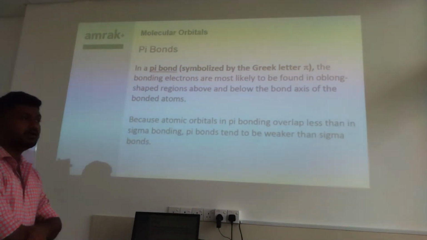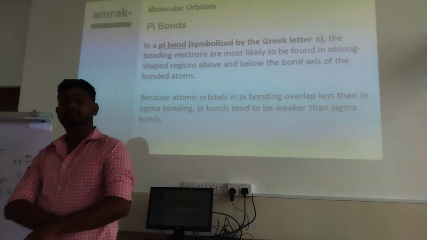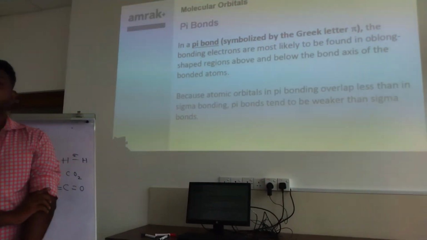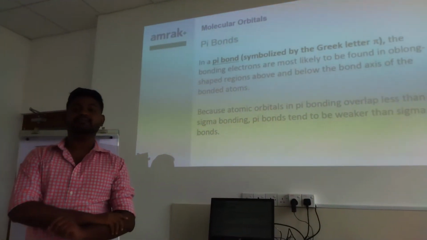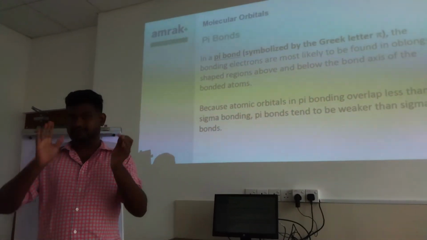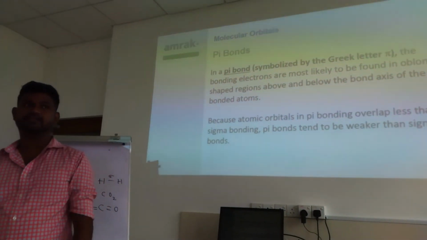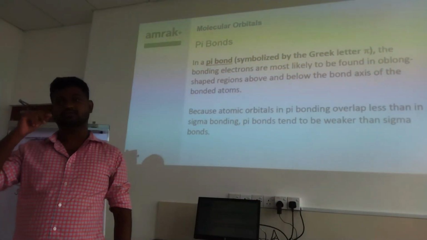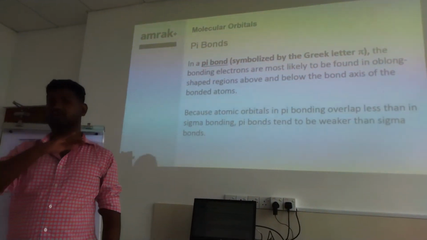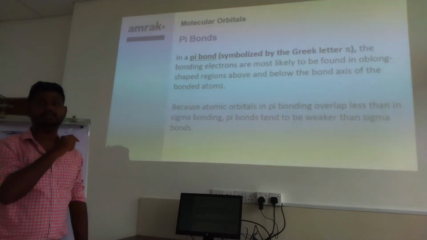Remember, pi bonds are weaker than sigma bonds. That means a double bond is weaker than a single bond. A triple bond is weaker than a double bond, right? So the bond energy goes down. When you are listening to it, you might think double bonds and triple bonds are stronger, but not like that. Because they are a side-to-side connection, they can be easily broken.